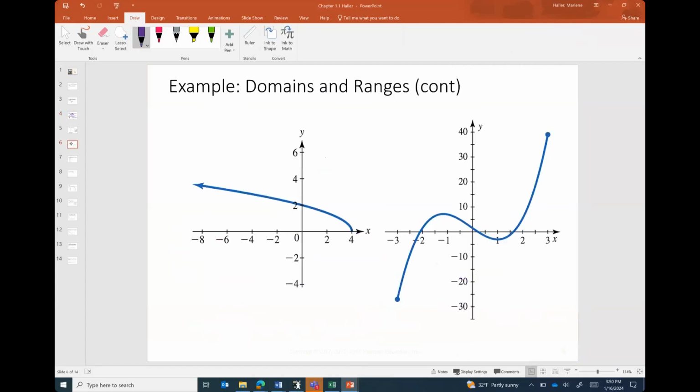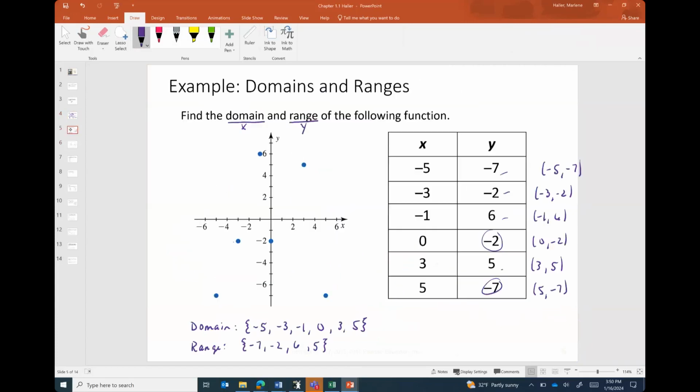So if I look at this function here and put it against that test, I want to determine: is this really a function? That would tell me that each x must correspond to only one y. Well, -5 corresponds to only -7. That's good. -3 is only -2. -1 is only 6. 0 is only -2. So does it matter that -3 also corresponds to -2 in the output?